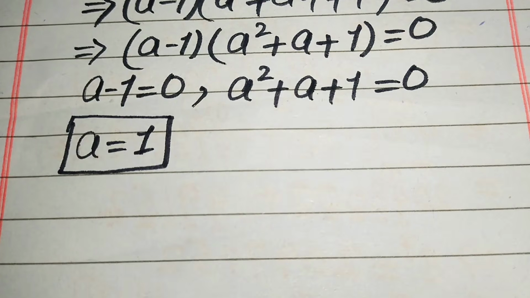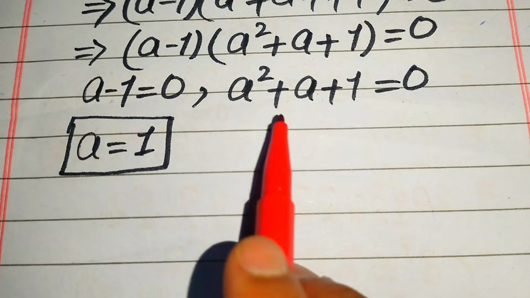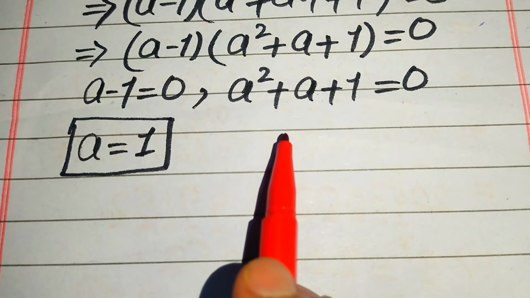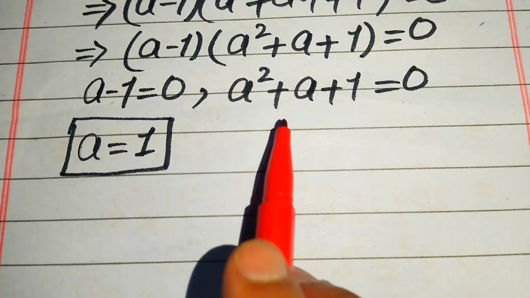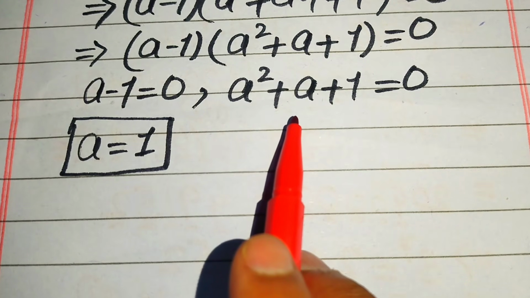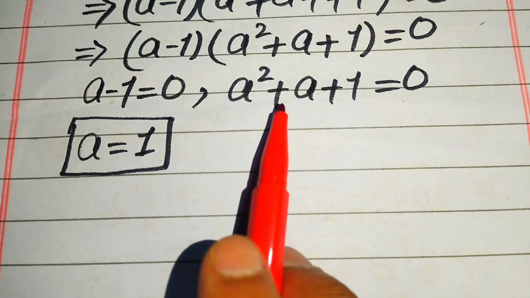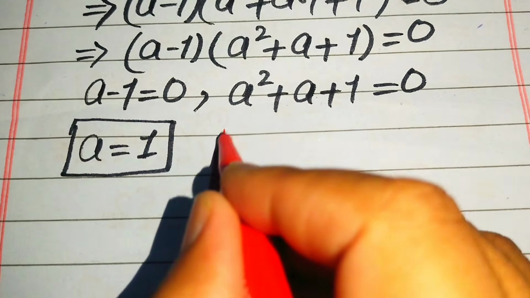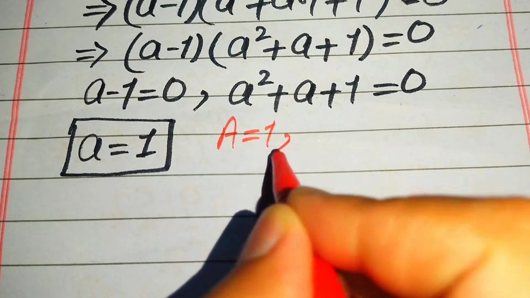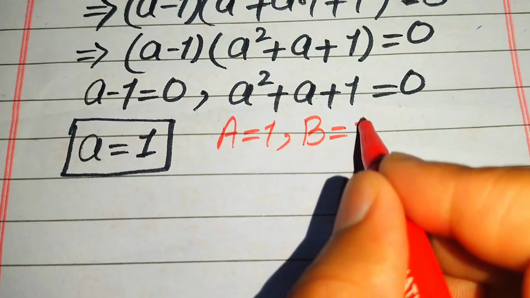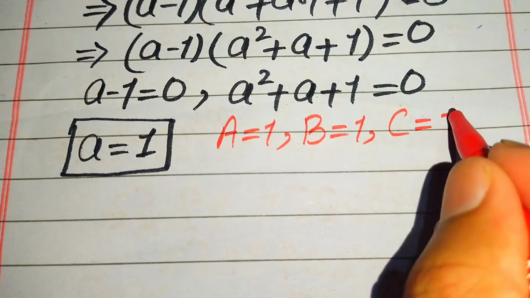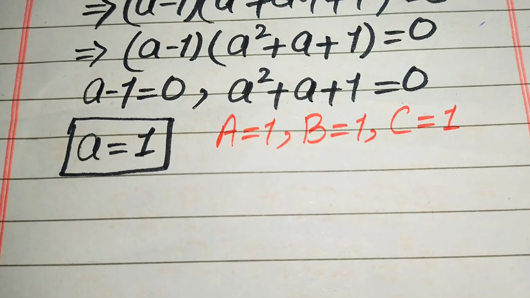Now in order to find the other roots we need to solve this quadratic equation, so we apply the quadratic formula. For this we write the coefficients of this equation: a is equal to 1, b is equal to 1, and c is also equal to 1.